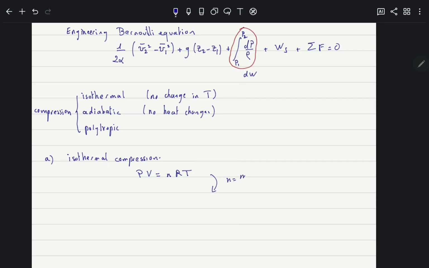You know that n equals m over M. If you write the mass density as the ratio of the mass to the volume, you're going to end up with something like P over rho equals RT over the molecular mass. And that's going to be a constant for an isothermal compression. So for isothermal compression, P over rho equals a constant.